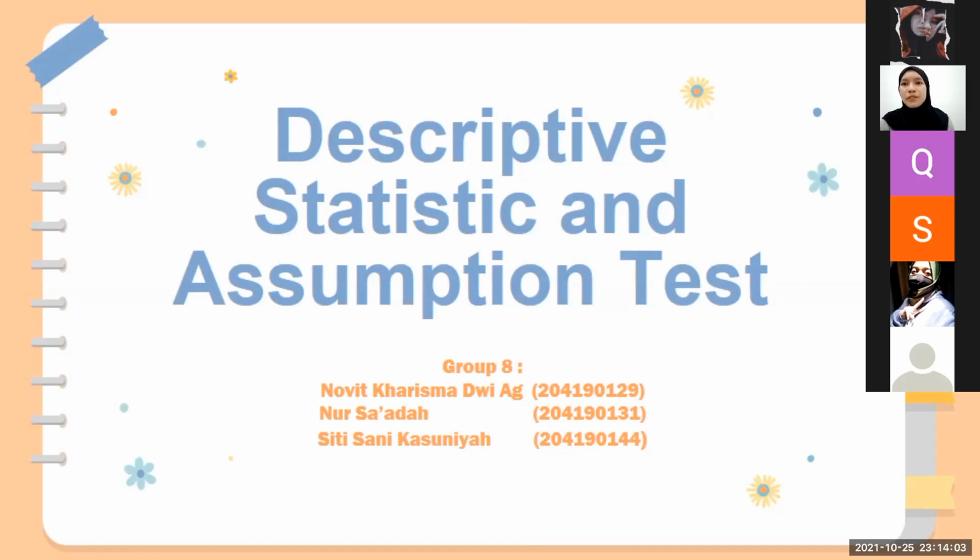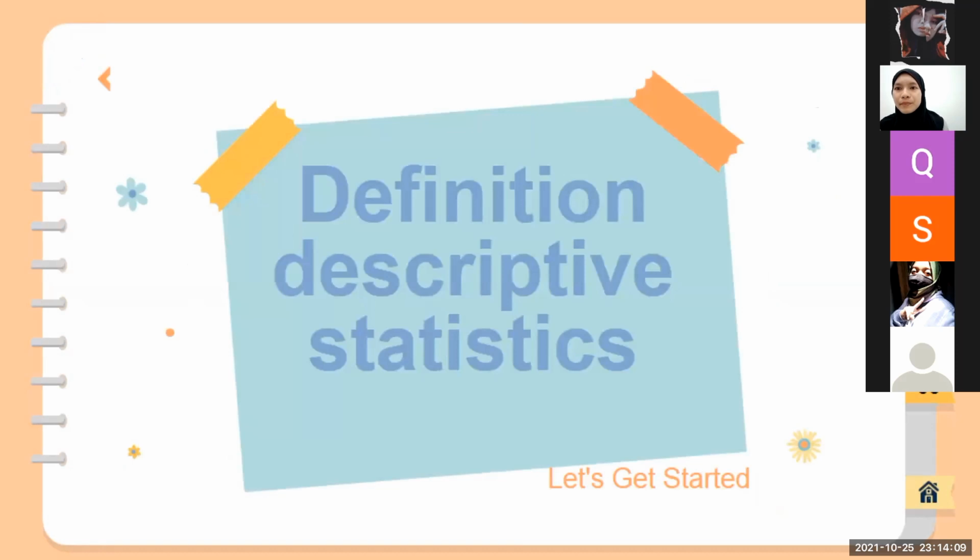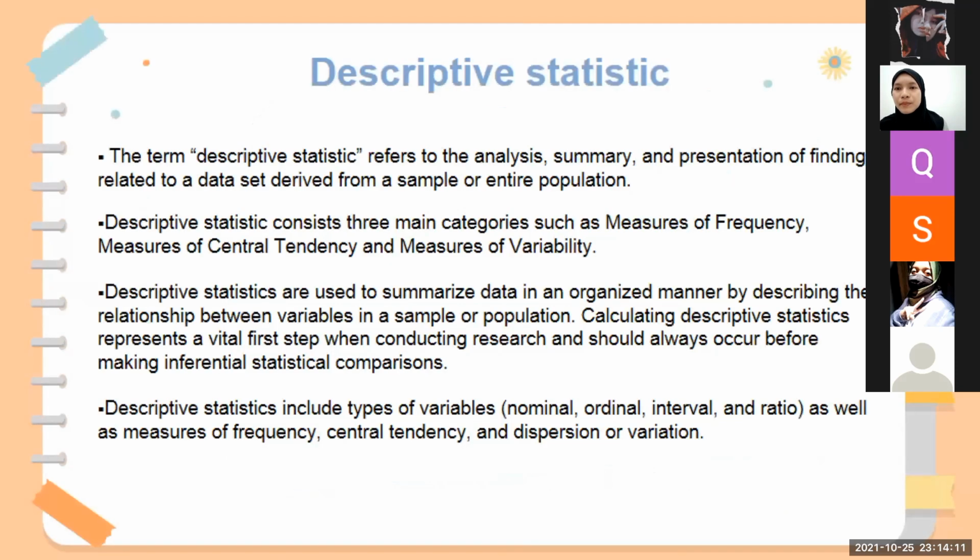For the first explanation, the definition of descriptive statistics. The term descriptive statistics refers to the analysis, summary, and presentation of findings related to a data set derived from a sample or the entire population.